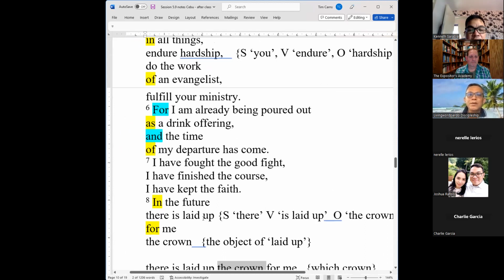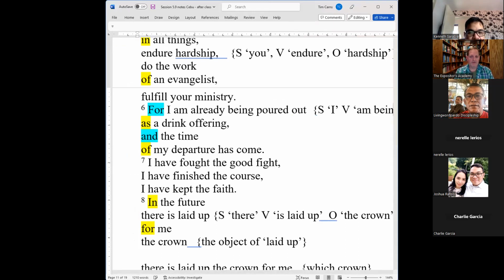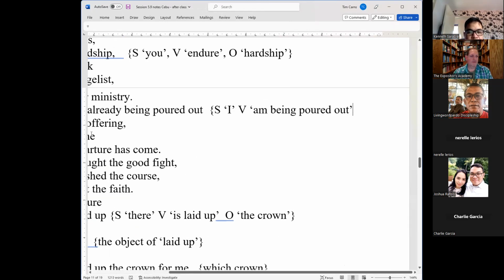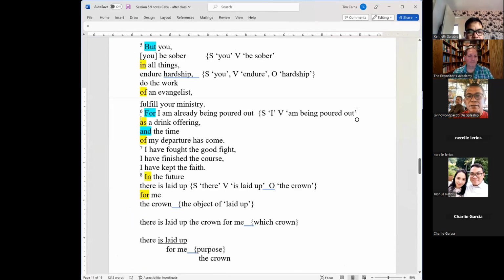I am already as a drink offering being poured out. Okay, so, well, here I is the subject, right? The verb actually is another compound verb. It's am being poured out. That's the verb. So I don't think it's happening there.